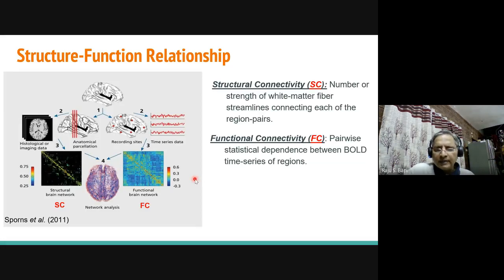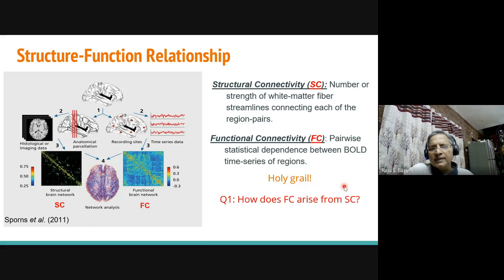And so the question that arises is, how does the functional connectivity arise from the structural connectivity? In some sense, this has been a major question, that this structure-function relationship, characterizing this, is an important question in both resting state and task-based functional MRI measurements.